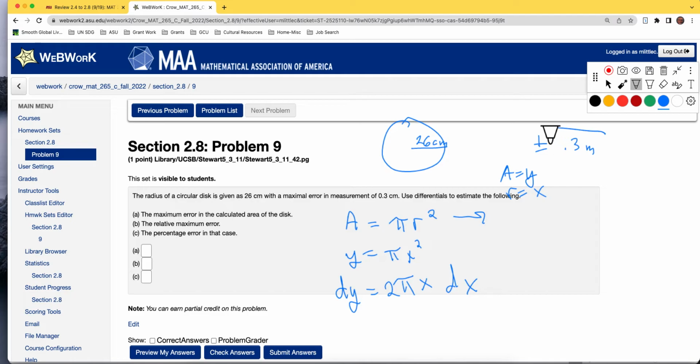The error in measurement is what we use as our dx or our dr, right? Because the radius could change by that amount. What we're trying to find is the maximum error in the calculated area of the disk. And we have a starting value that we're at 26.